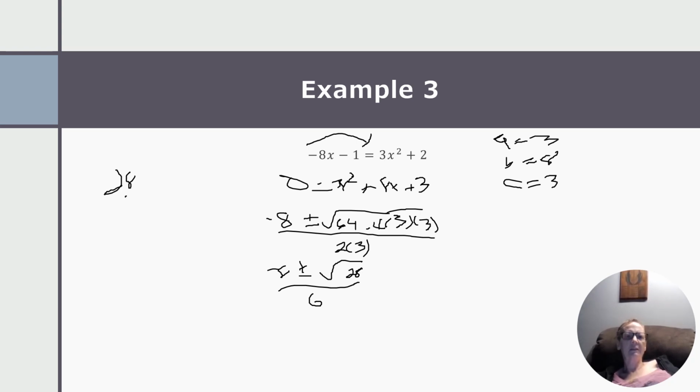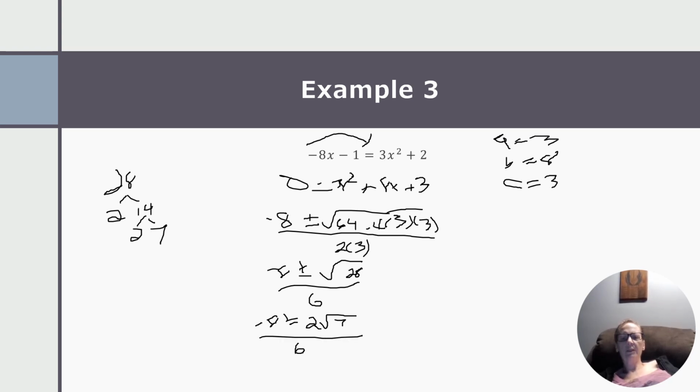Let's see. That's 2 times 14 and 2 times 7. So I can simplify that. I have negative 8 plus or minus 2 square root of 7 all over 6.